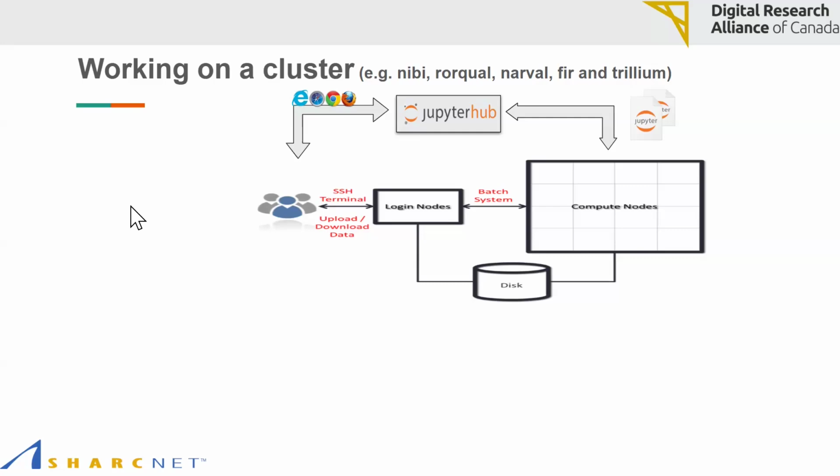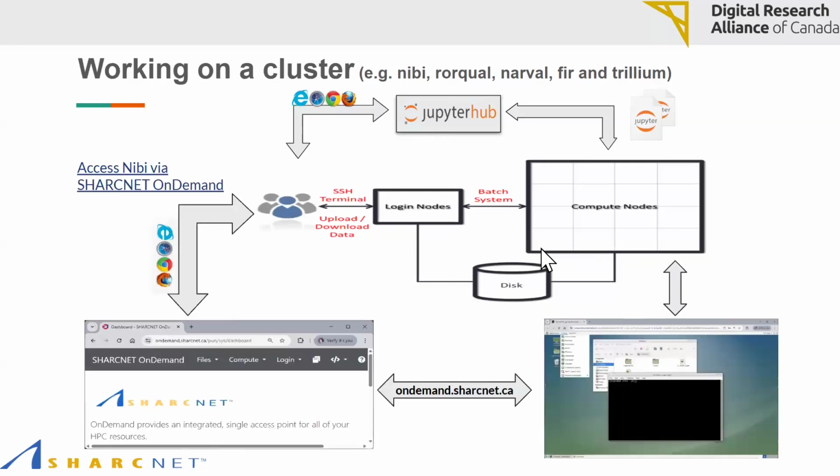Okay. So with the new cluster Nibi in production, an alternative way to access compute resources on the Nibi cluster is available. That is the Sharcnet OnDemand web portal.